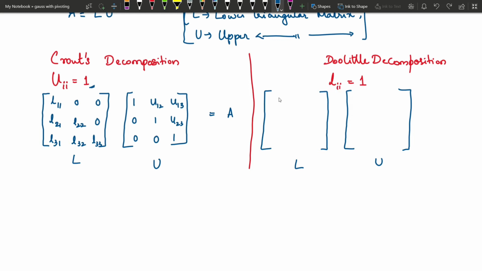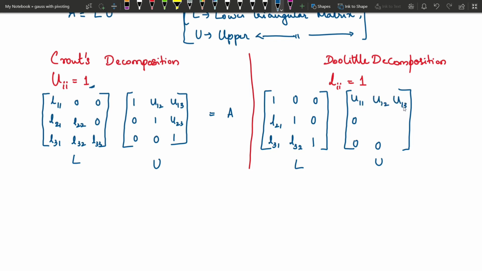Let us see how to do the decomposition using Doolittle method. In Doolittle decomposition, diagonal elements of lower triangular matrix is 1. So here it's going to be 1, 1 and 1, and upper triangular elements will be 0. Now this is second row, first element, L31 and L32.